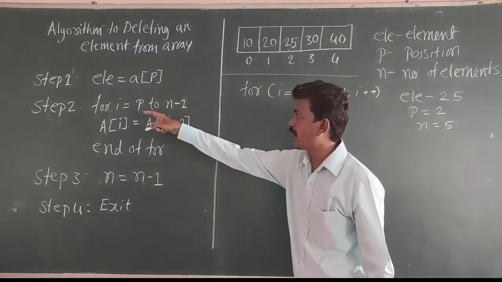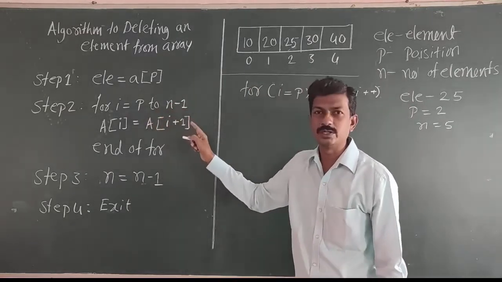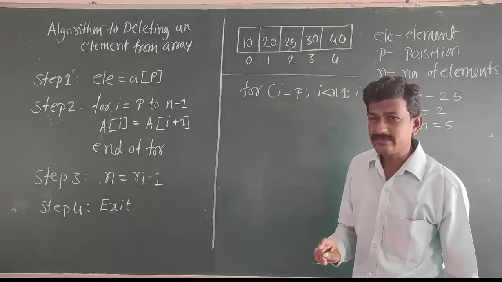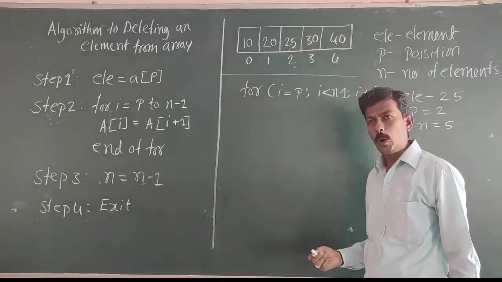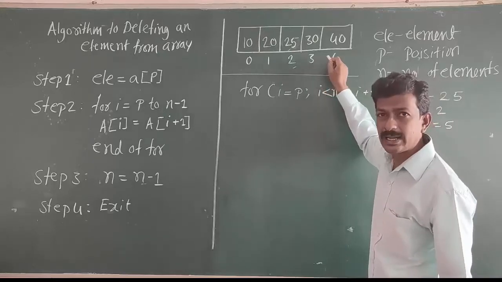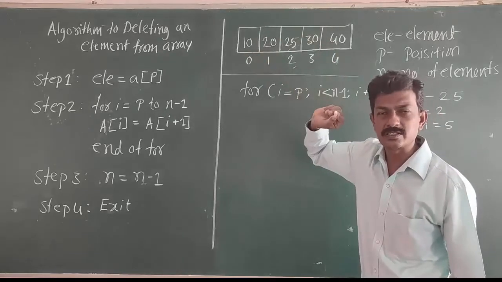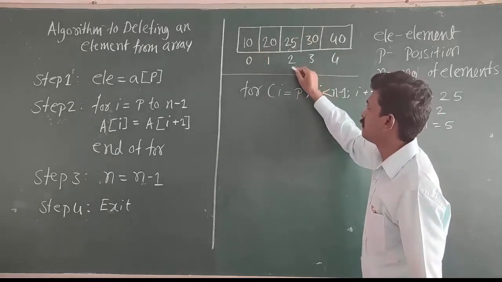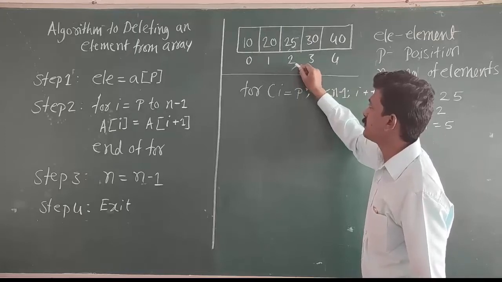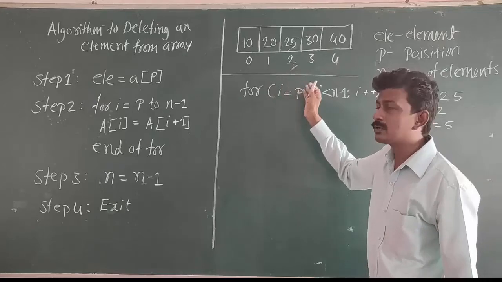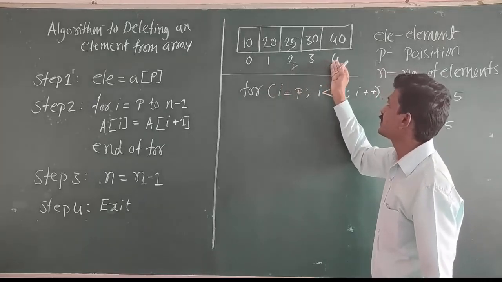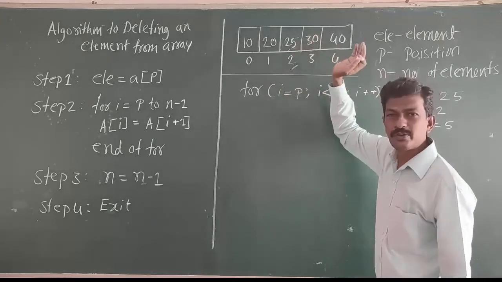The next one is for I equal to P to n minus 1. If I identify the particular position, then I have to move all the subsequent array elements to their previous index. If I am deleting an element from the second position, then I have to copy all the subsequent array elements to their previous index.